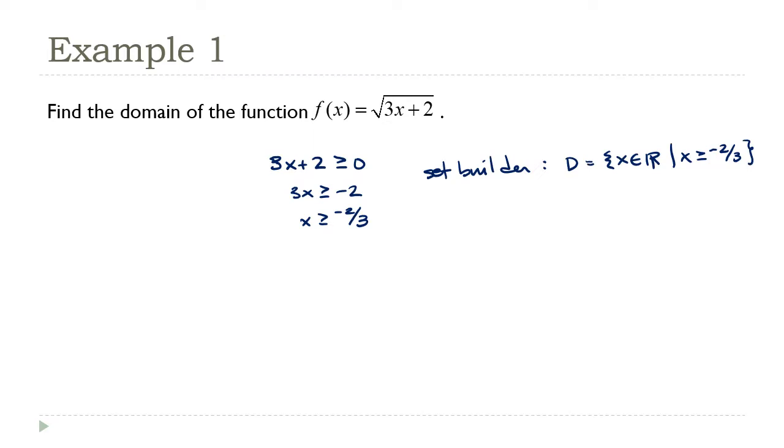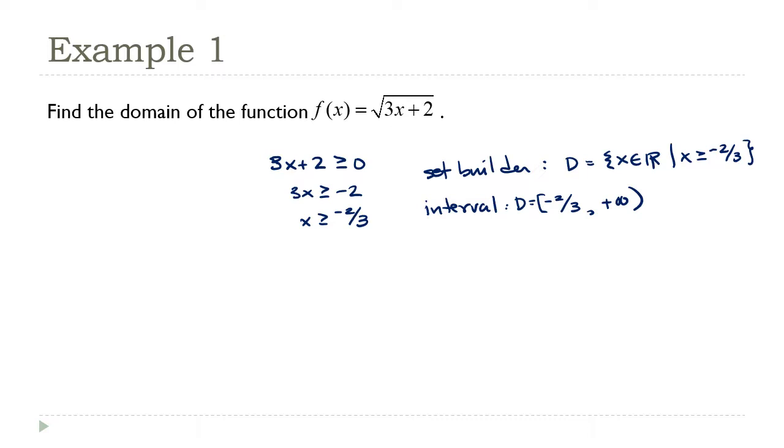That's one way. Or I could do this using the interval notation. I would say we're going to do everything greater than -2/3, including -2/3. That's why I use the square bracket here instead of parentheses, up to plus infinity. D equals that interval. That would be the domain of this function.